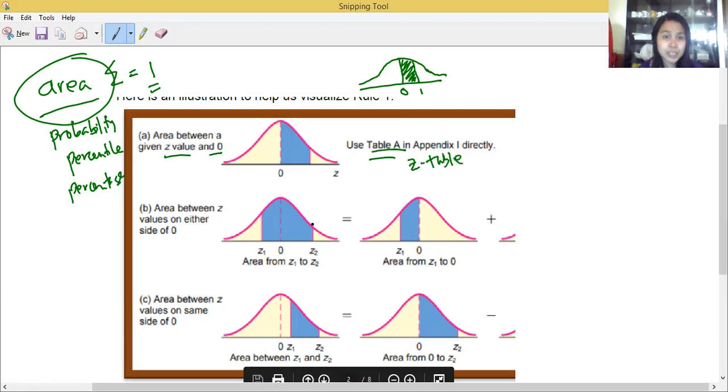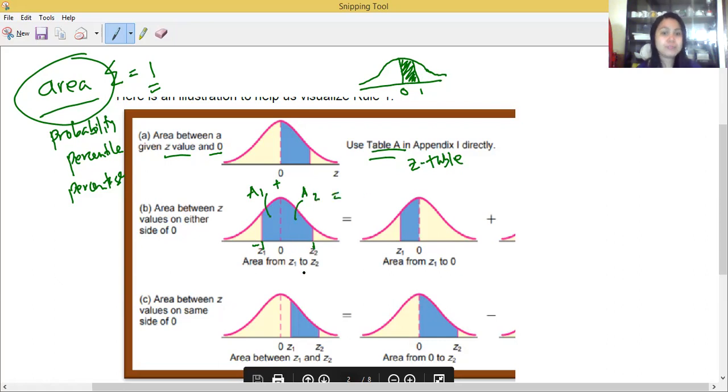But if we're looking for the area from a negative number to a positive, for example, -1 to +1, remember rule number 1, from a negative number to a positive number, what will you do to their area? You need to add them. So area 1 plus area 2, that is the total.